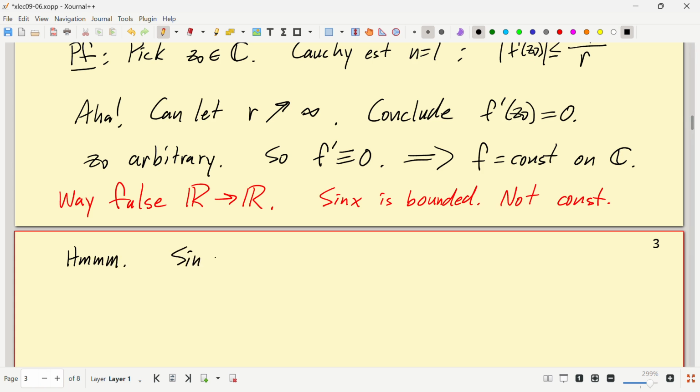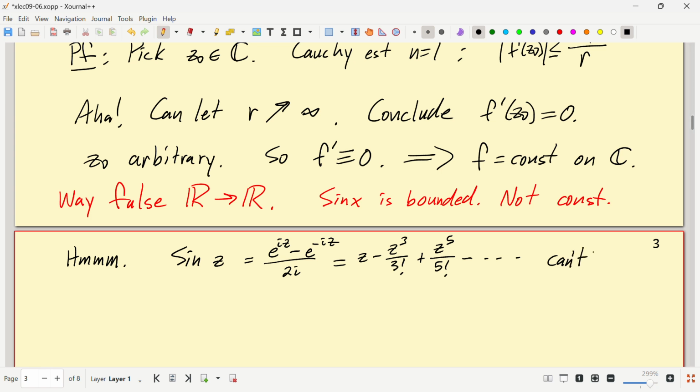This complex version of the sine function is e to the iz minus e to the minus iz over 2i, or if you prefer, the famous power series. That would agree with the real one on the real line, but because of Liouville's theorem, that means that that complex sine function can't possibly be bounded on the complex plane, because it's not constant.